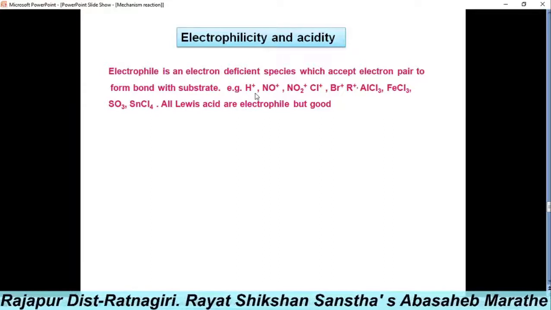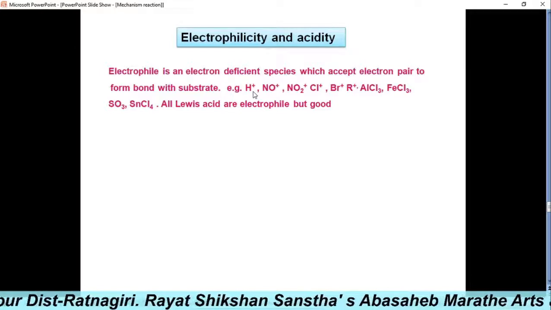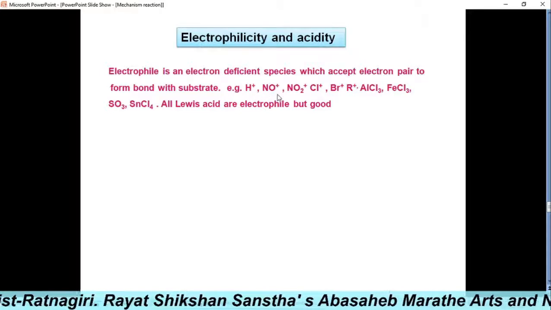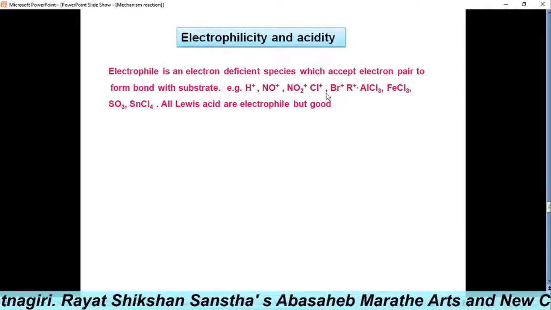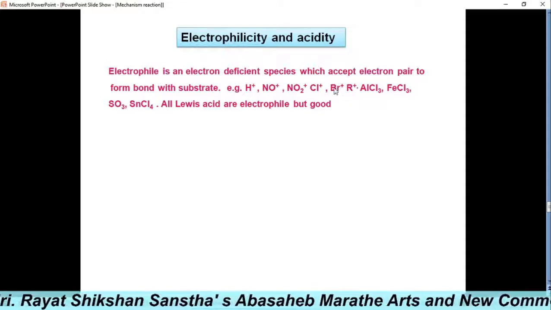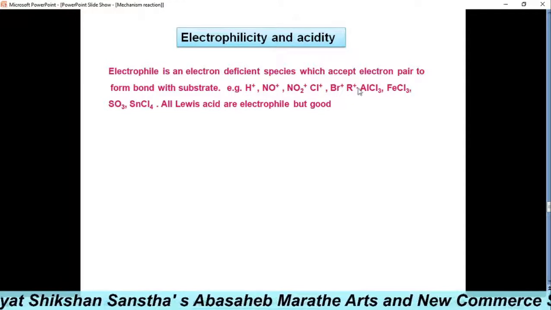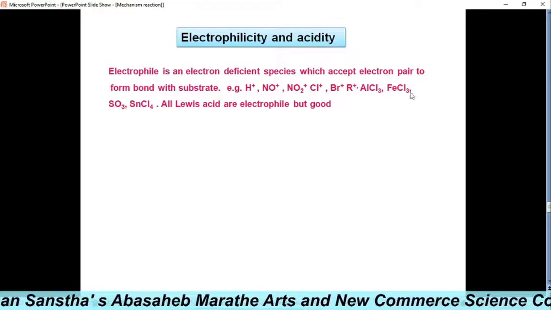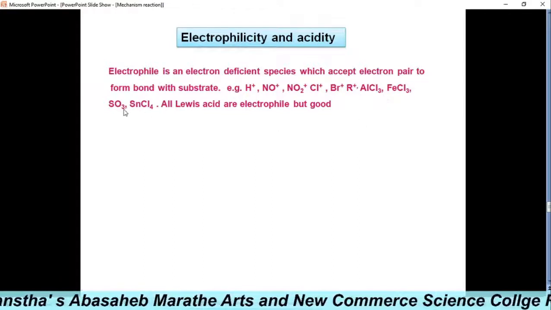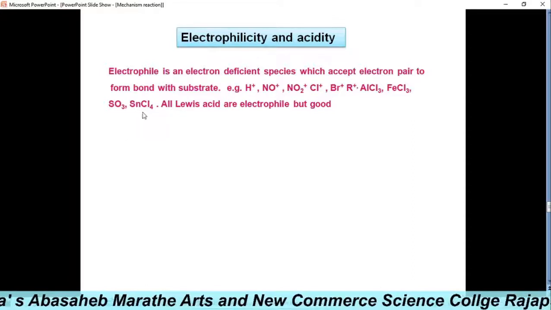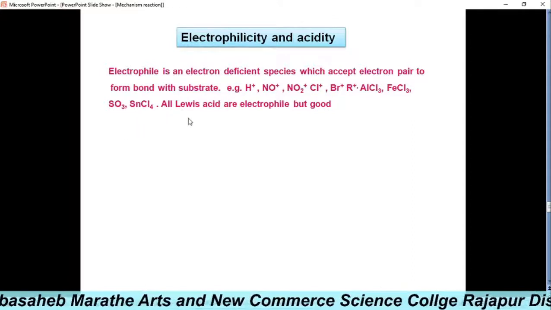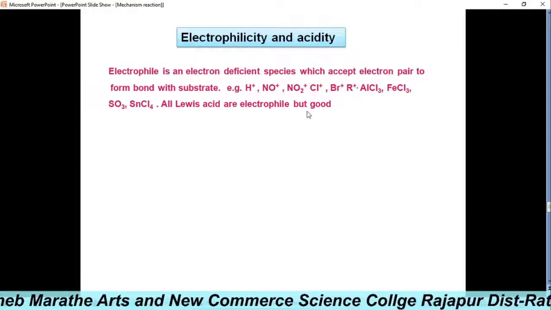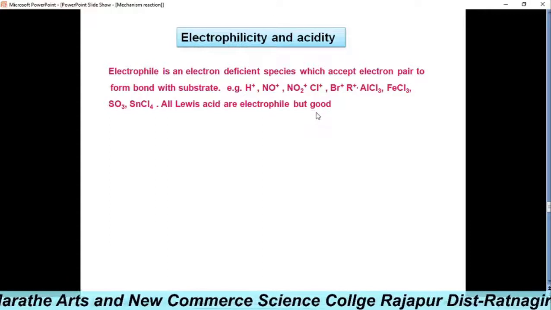For example, H plus, NO plus, NO2 plus, Cl plus, Br plus, R plus, AlCl3 as a Lewis acid, FeCl3, also a Lewis acid, SO3, SnCl4. All Lewis acids are electrophiles.